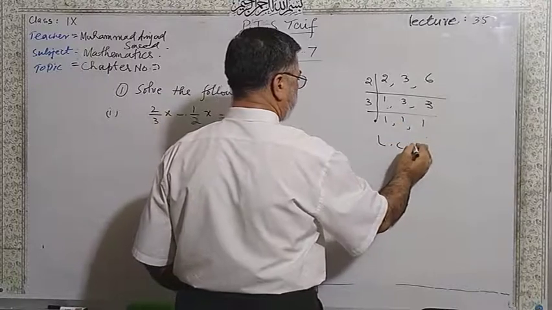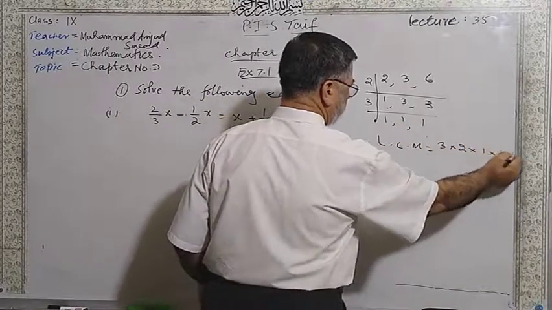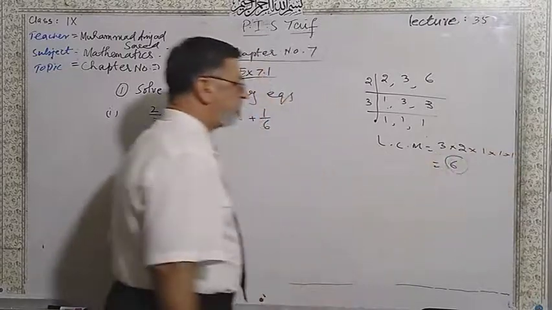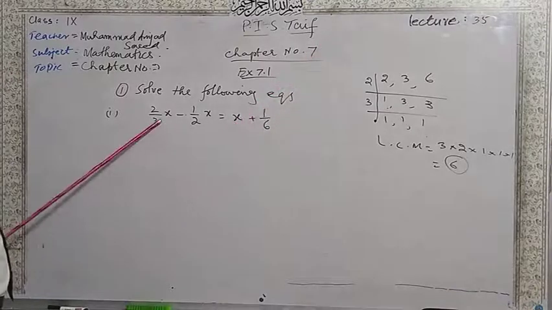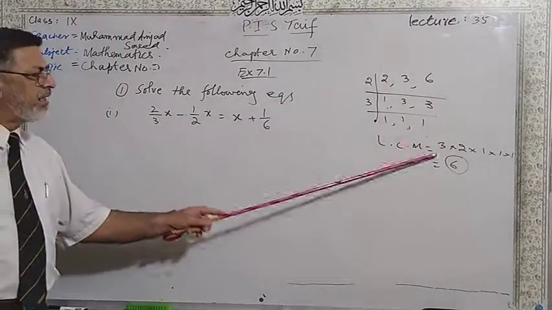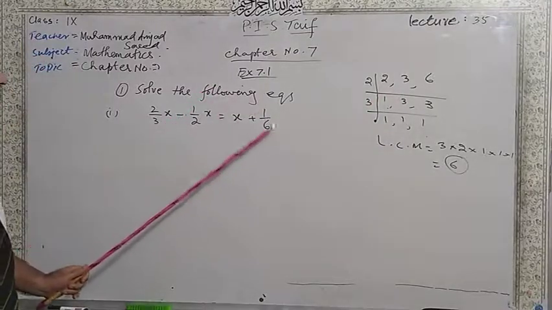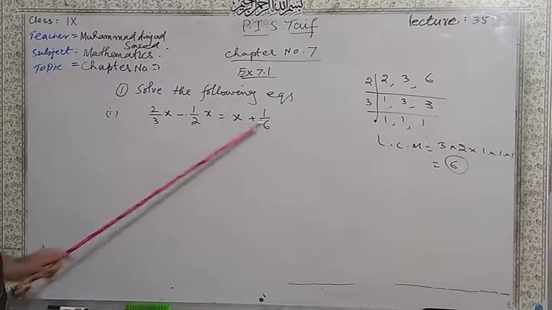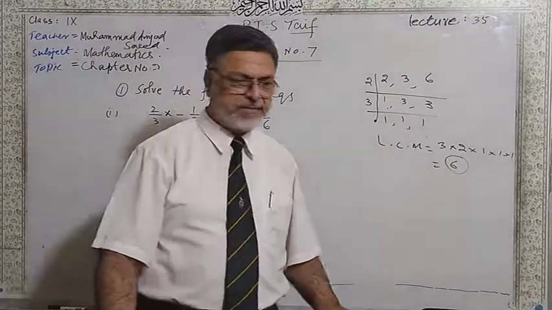So LCM is 3 into 2 into 1 into 1 into 1, that is equal to 6. This is the LCM of the denominators. Always find the LCM of the denominators and then multiply the equation throughout by the LCM so that the fractions will be finished.